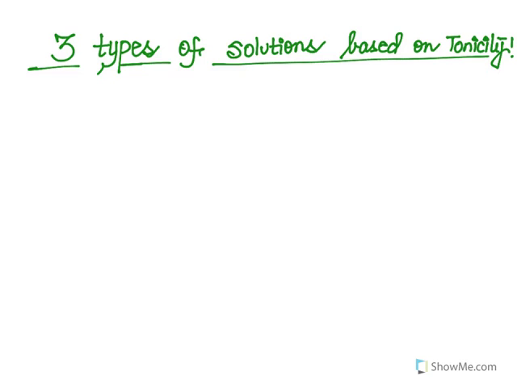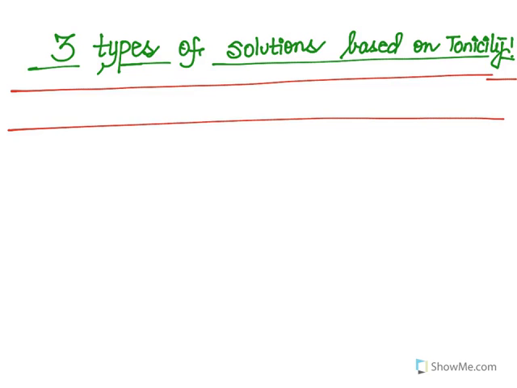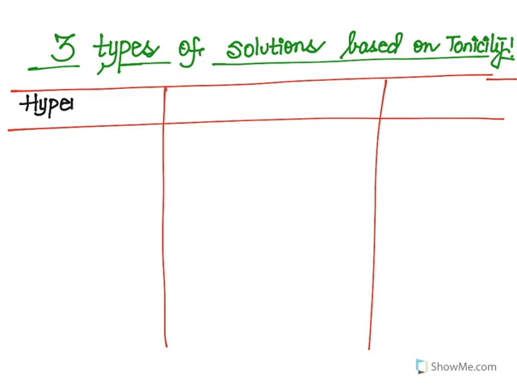So they are classified into three types, and those three types are hypertonic, isotonic, and hypotonic.